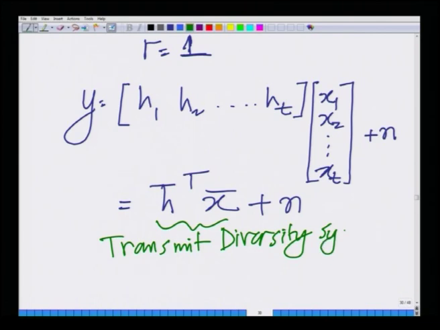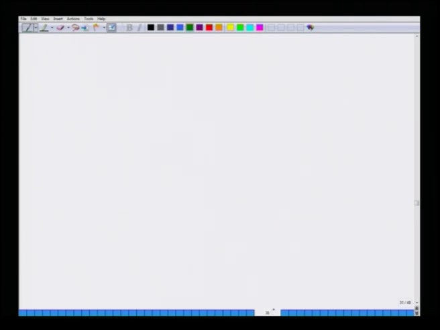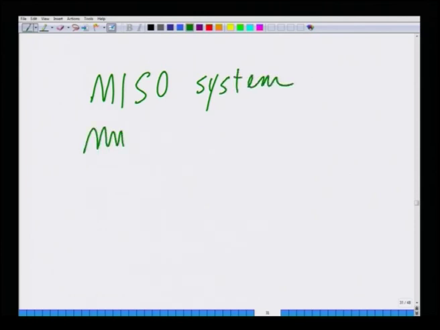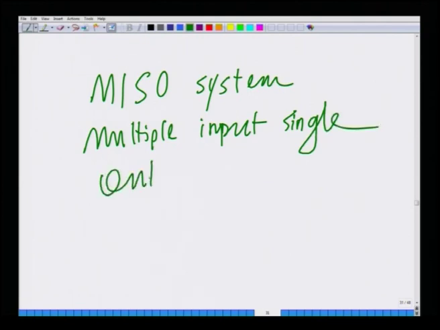Also in the context of MIMO, transmit diversity is known as a MISO system, which is essentially a multiple input single output system.